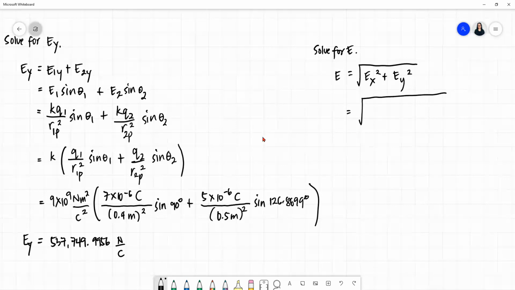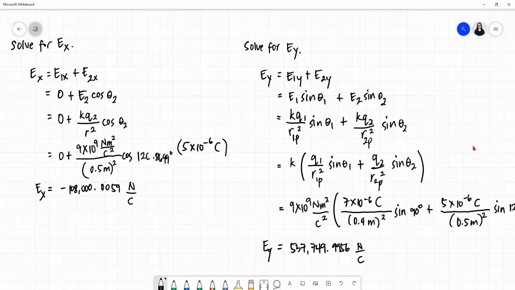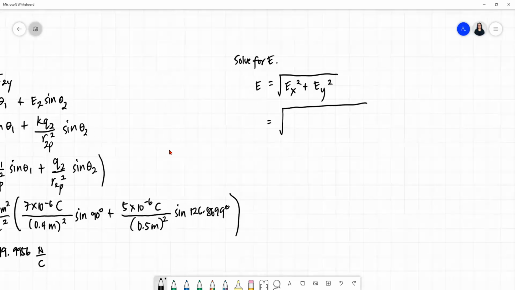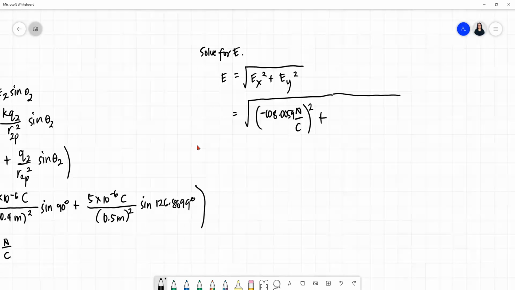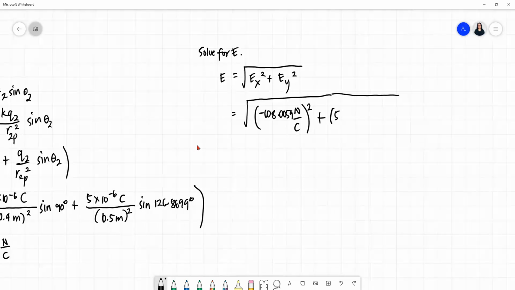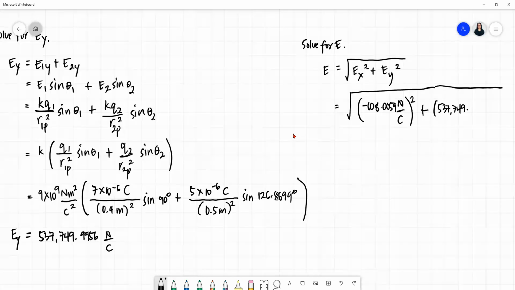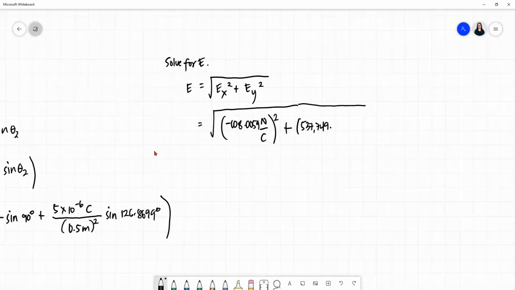So we have negative 108,000.0059 newton per coulomb, squared, plus for the y component it's 537.7499956 newton per coulomb, quantity squared.